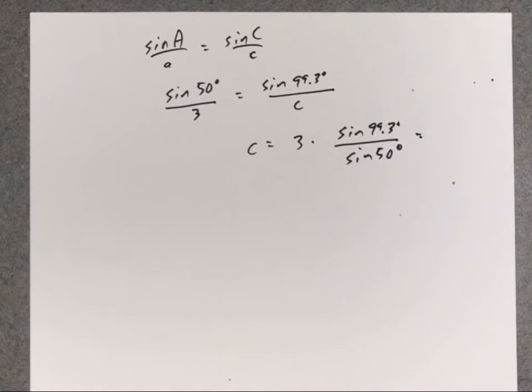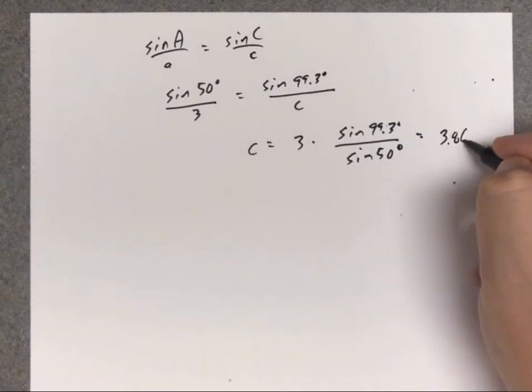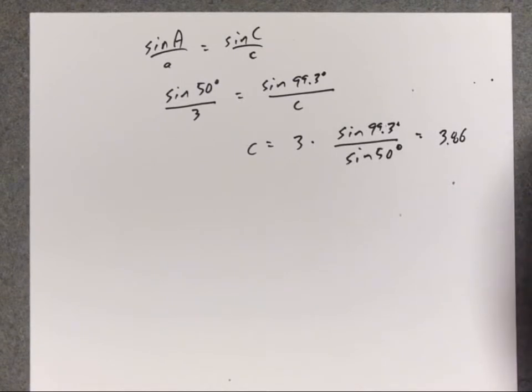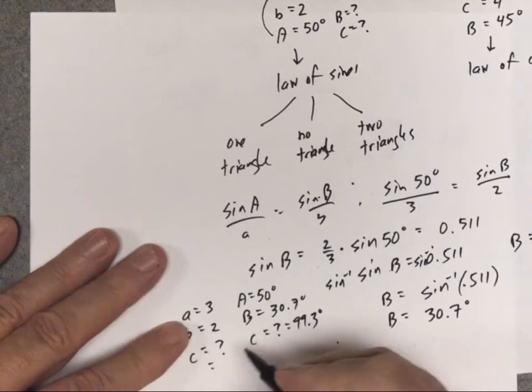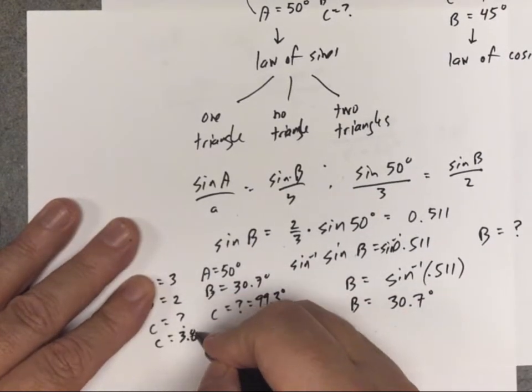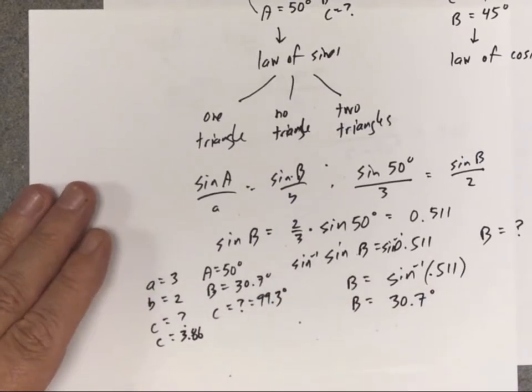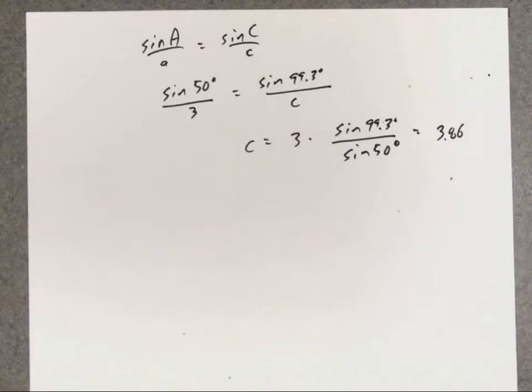Sine 99.3 divided by sine 50 times 3 equals, looks like 3.86. So if I go back here, now I've figured out everything. So there's at least one triangle.